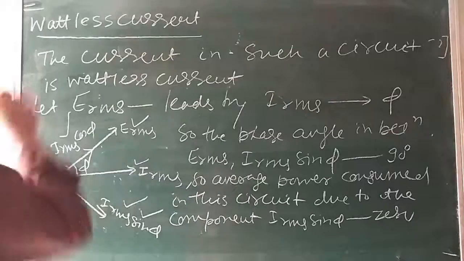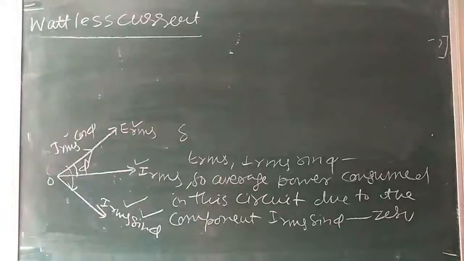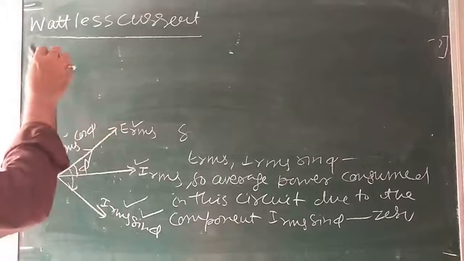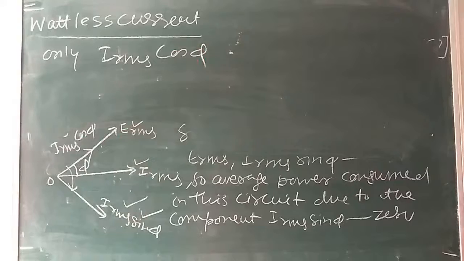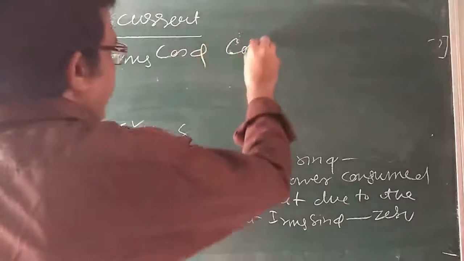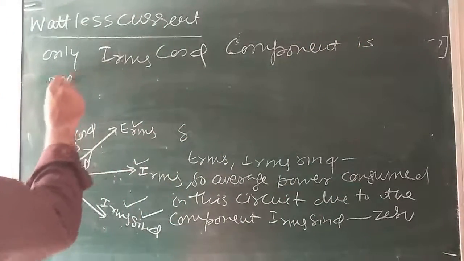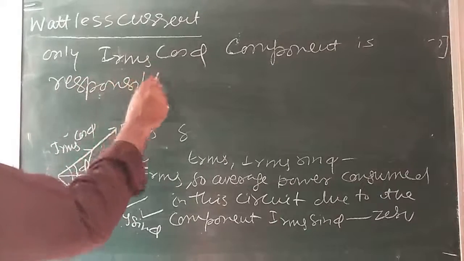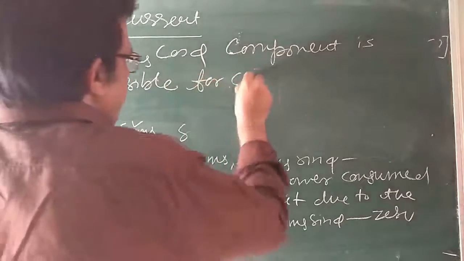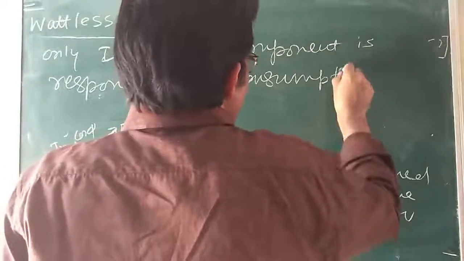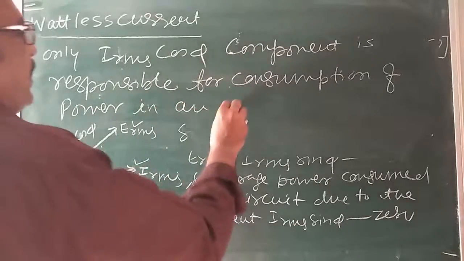So I can say only the IRMS cos phi component is responsible for consumption of power in an AC circuit.